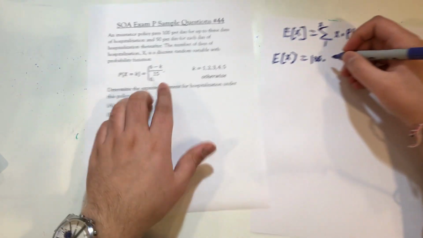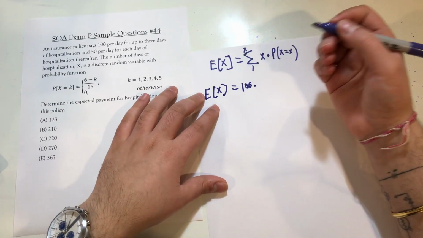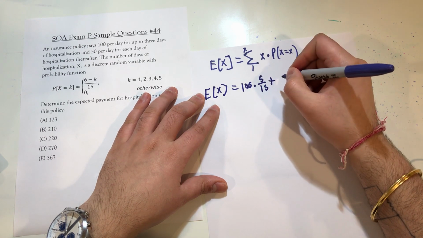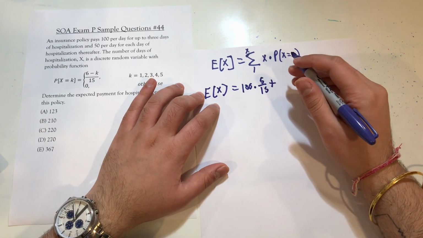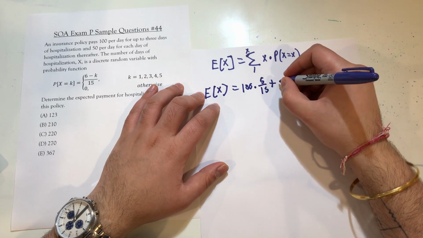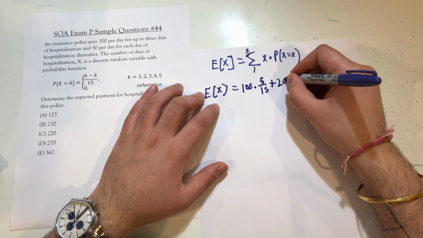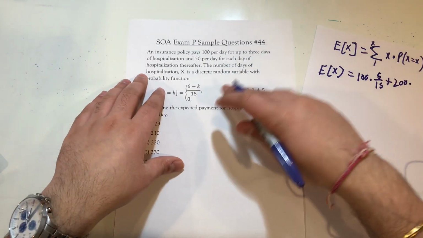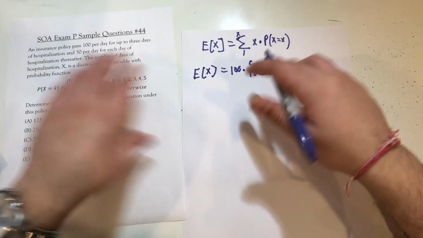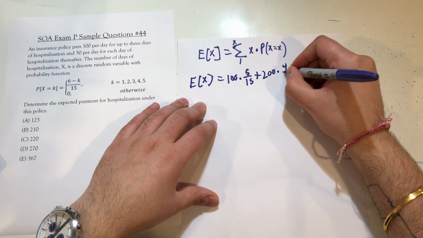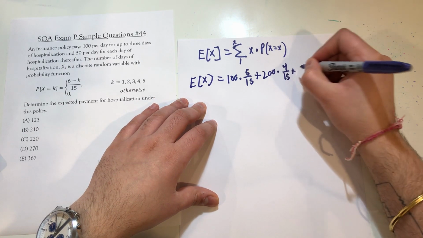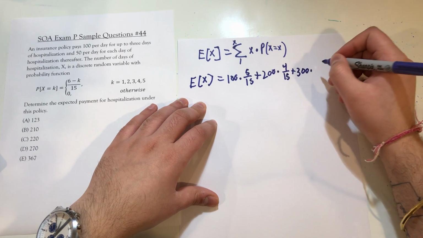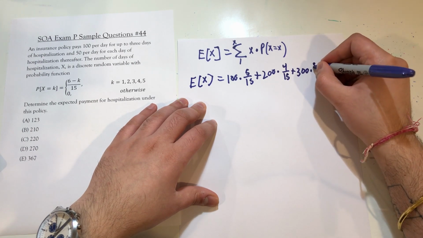That would be 6 minus 1 over 15, 5 over 15, plus what's the amount you pay for 2 days, right? 200. Times probability of hospitalization for 2 days, that's 6 minus 2, so 4 over 15. Plus amount paid for 3 days, which is 300, times the probability of being hospitalized for 3 days, 3 over 15.